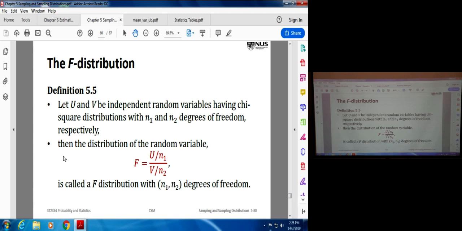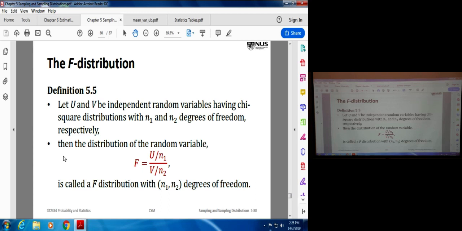Now, if I consider the random variable 1 over F, this equation implies that 1 over capital F, well, I've just flipped the ratio around. I have V over M in the numerator and U over N in the denominator.